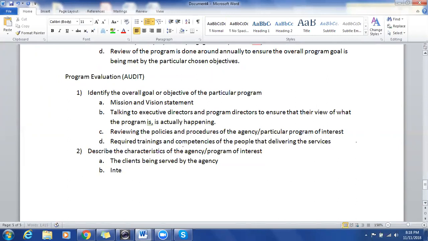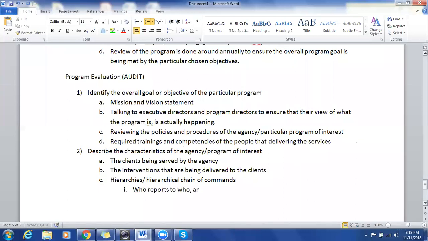And this is also, as stated before, the interventions that are being delivered to the clients, as well as hierarchical chain of commands, i.e., who reports to who, and is it actually followed.